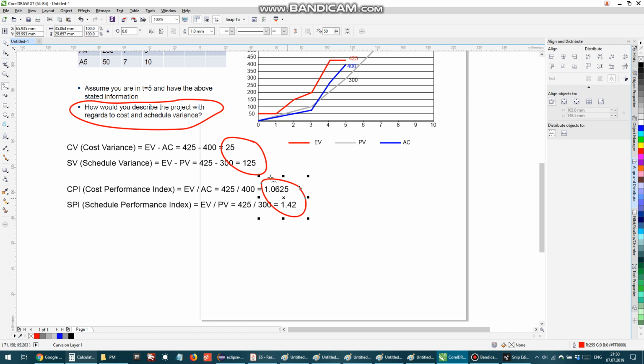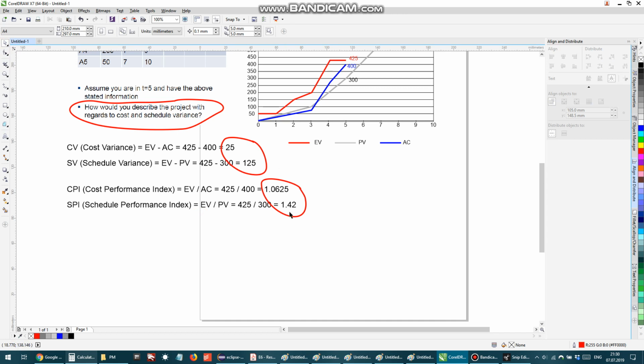For the first ones, for example, it can be 0. 0 is good in a sense that you are doing everything perfectly according to your plan. And here, if both of them are 1.0, that means that you are doing everything perfectly according to your plan. If it is more, then better. Here also, if it is more than 0, it's better. Here is more than 1, it's better.